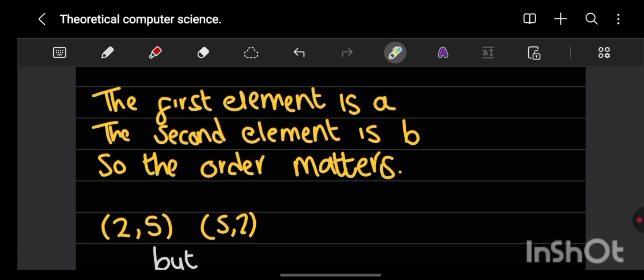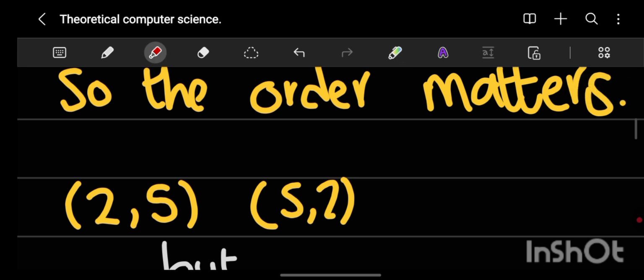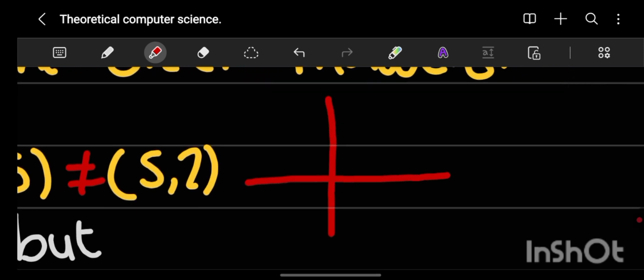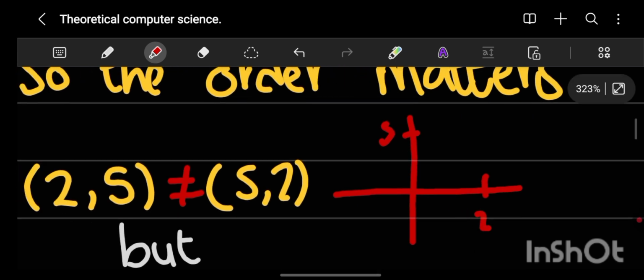Another example or another thing I'd like to add on, if you have 2 is to 5 and 5 is to 2, these two are not equal. That's what I basically meant. So if you have a Cartesian plane like that, and let's say that's 5 and that's 2. Let's do 2 is to 5 first.